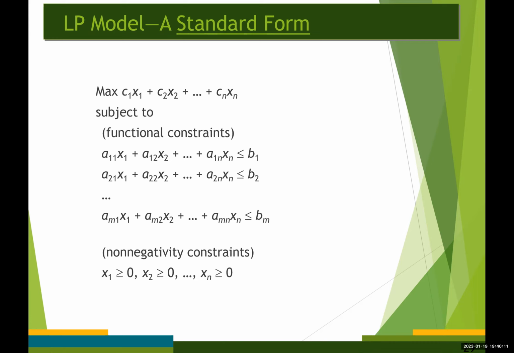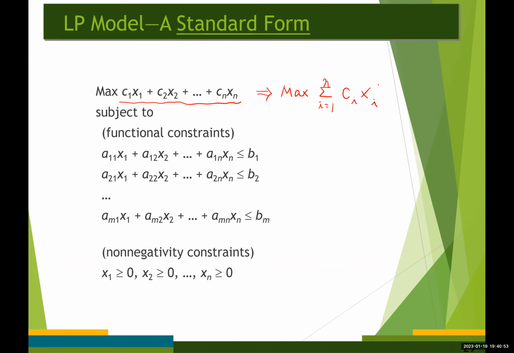Just to let you know, we can use some notation to write the linear programs compactly. In this case, our current objective function can be simplified as maximize, using the summation symbol, i goes from 1 to n, of C sub i times X sub i, right?